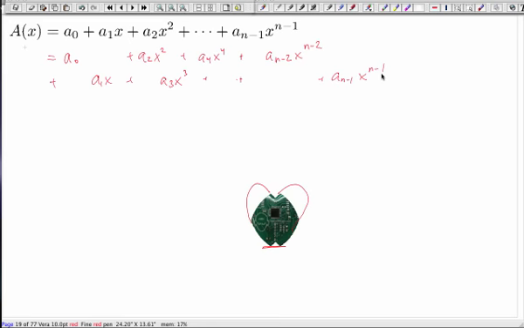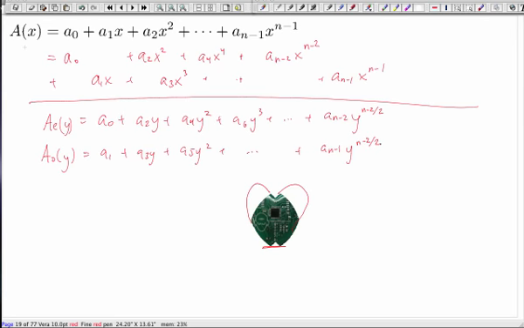Okay? And now I'm going to define a new polynomial called A even of x. And it's going to be a0 plus a2x. You can call it y if you want, just to make it clear. Once again, question? Yeah, so let's assume that n is a power of 2.